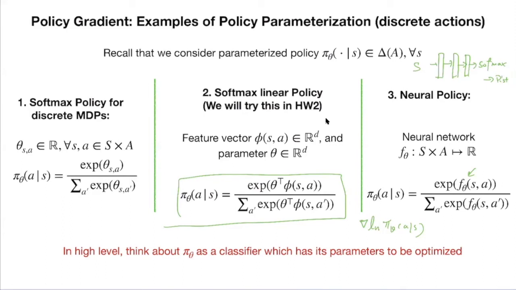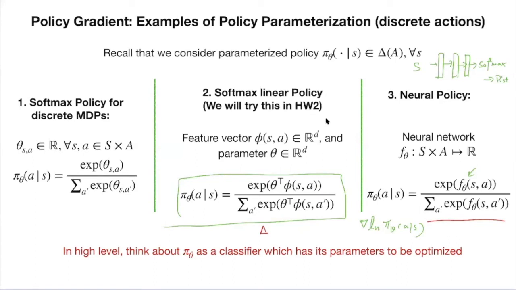Yeah, but this is literally classification. This one is linear logistic regression. This one is linear logistic classification. And this one is just neural net classification, and for multi-label classification. If you're not comfortable with multi-label, just think about an example where you only have two actions.